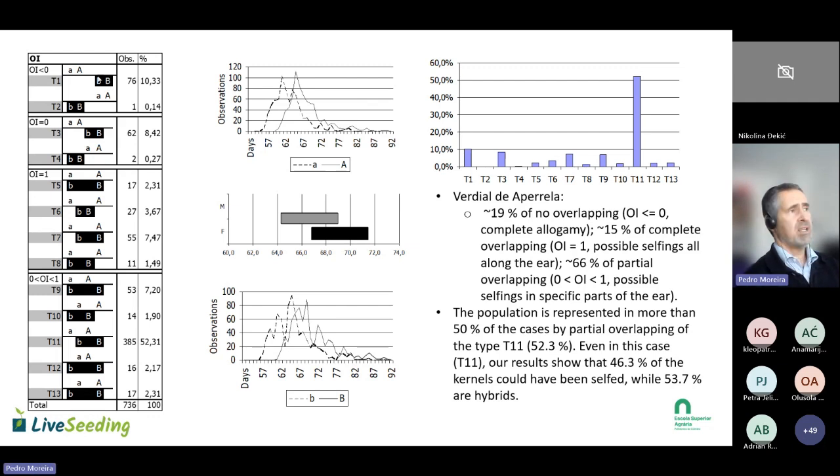So these are the cases that we understood existed, that Silas Pego understood existed, and the formula was made by him, and I collected the data, and we obtained this.